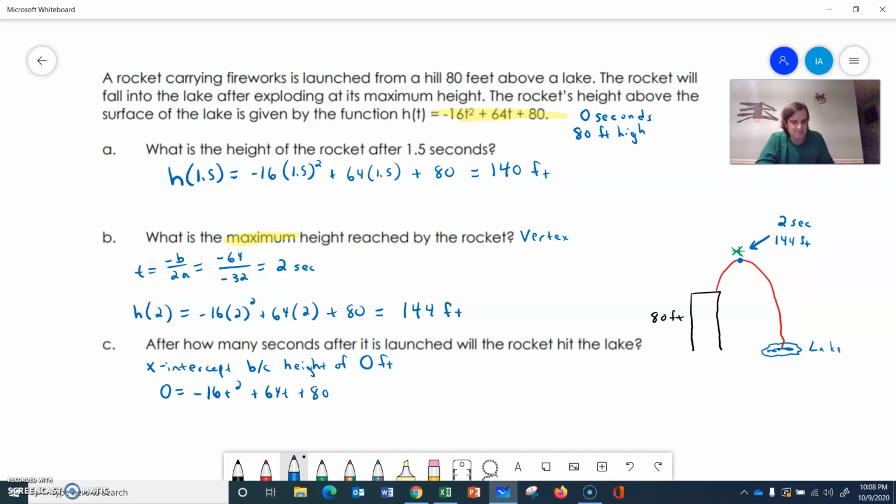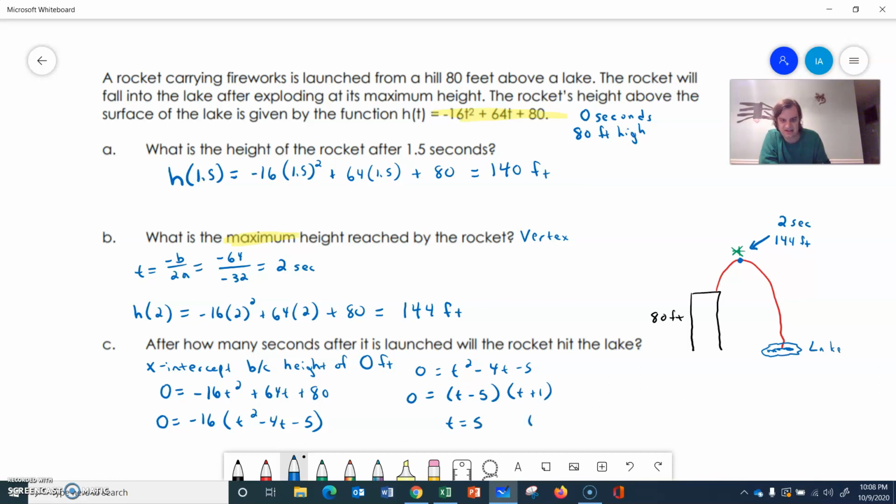I can pull out a negative 16, which gives me t squared minus 4t minus 5. If I factor this, I get t minus 5 and t plus 1. So the answers there are t equals 5 and t equals negative 1.